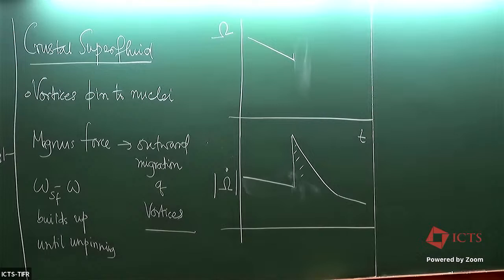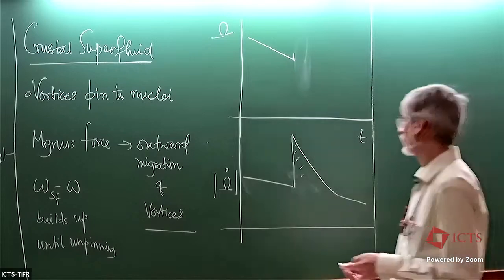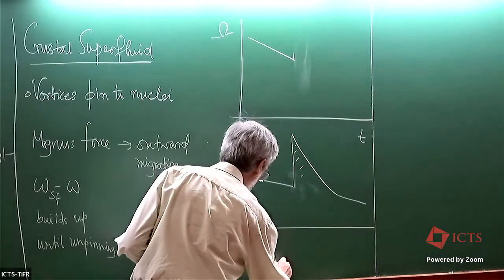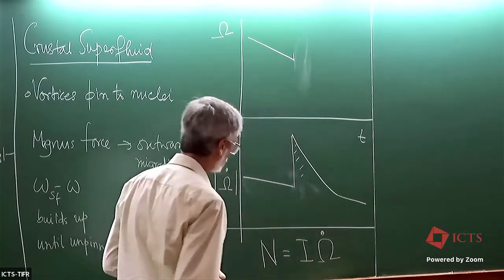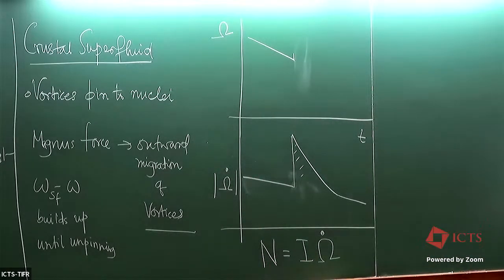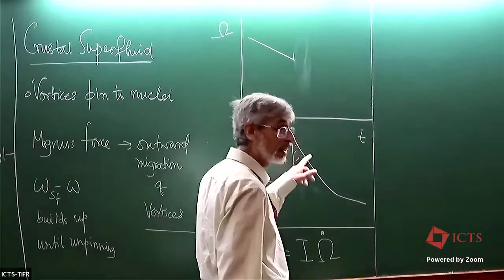It has angular momentum, which is I omega, and d dt of I omega is the external torque. I is the moment of inertia. So you have external torque N is I times omega dot. So N has more or less remained the same over this short time, and omega dot has increased. What does that mean? I has decreased. So I decreases and then increases back again slowly.